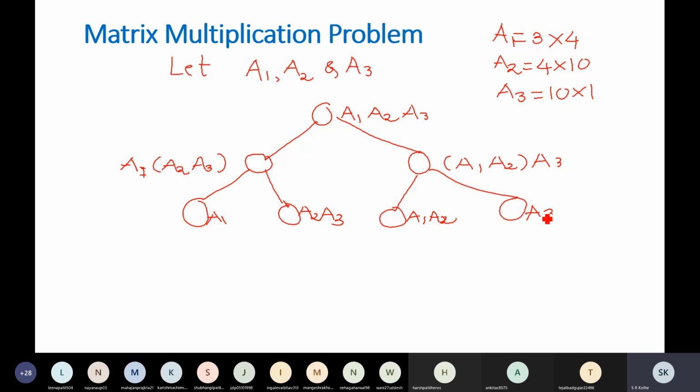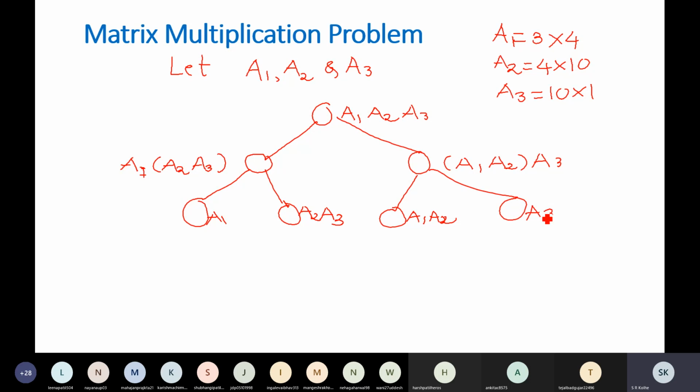Now we will assign a heuristic value to every node, calculated depending upon the number of multiplications you have to perform to get that particular matrix. Again I am repeating: we will assign a value to every node returned by the heuristic function, which calculates the number of multiplications required to get that matrix.